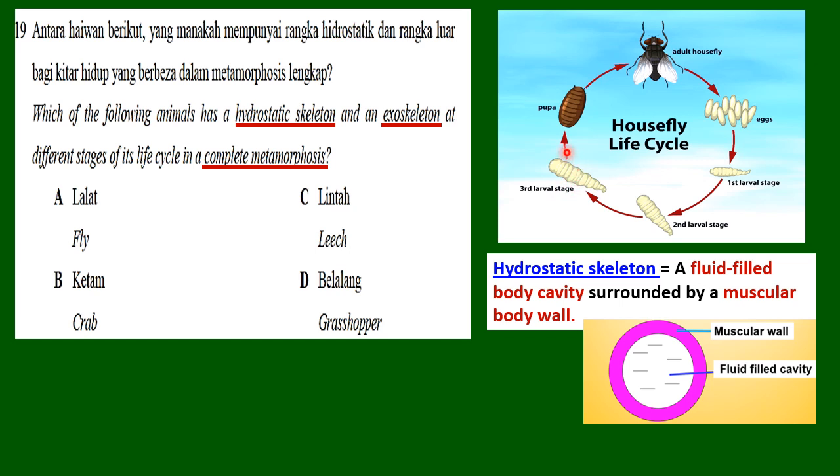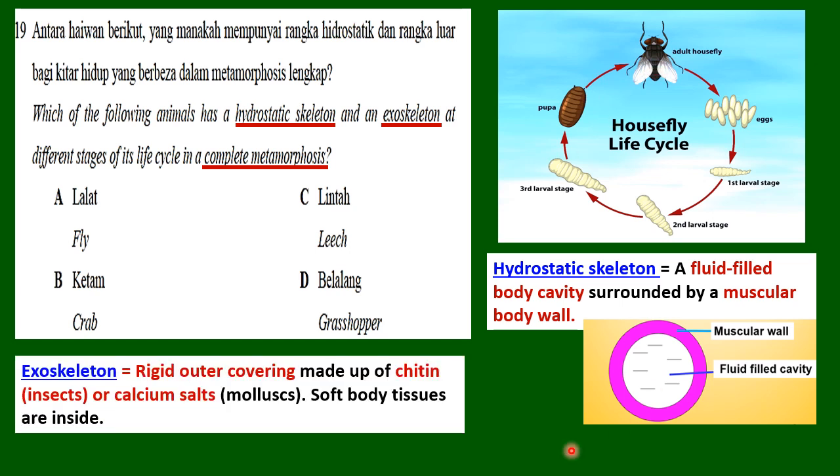After that, the larva will move into the pupal stage, and there the transformation occurs where it changes into an adult housefly with wings. So when the pupa comes out, you have the adult housefly, and this adult housefly has an exoskeleton.